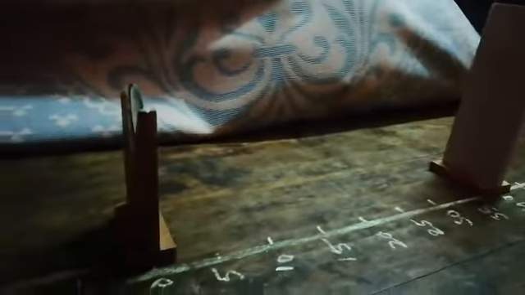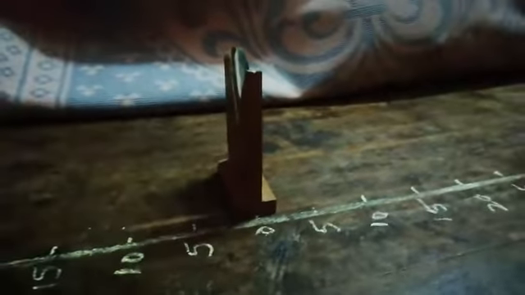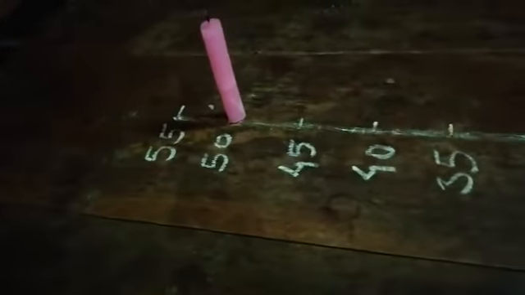Good. Now to observe the image and to find out the distance from the lens to object and lens to image, we have marked the distance on the table with 5 centimeters each. And we have taken a value 0 in the middle and we have increased the values at both sides.